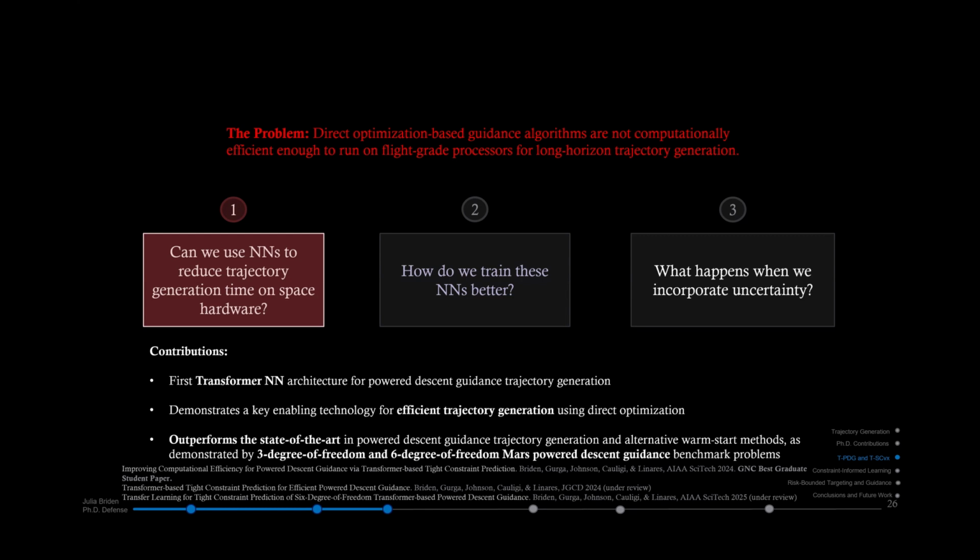We also demonstrated this is a key technology for efficient trajectory generation through a series of benchmarking problems. And these benchmarking problems include 3 degree of freedom and 6 degree of freedom Mars power descent guidance, in addition to comparing to alternative interpolation and nearest neighbors based schemes.